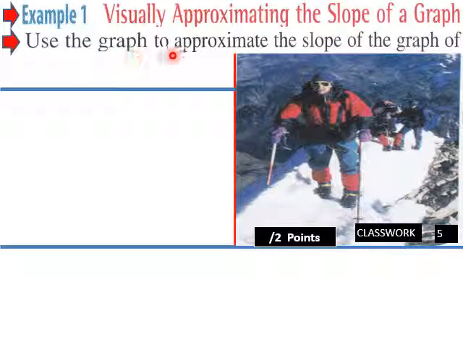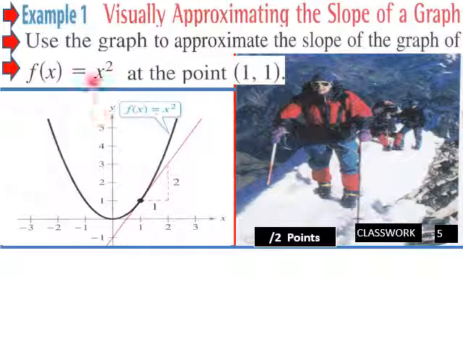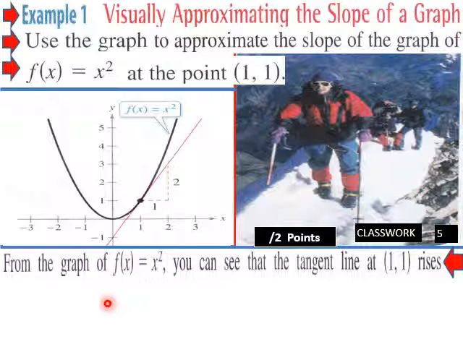Use the graph to approximate the slope of the graph of f of x equals x squared at the point 1, 1. So at this point here, we can draw out this line and then draw up that line after we draw this tangent line here. And good old rise over run should tell us what we have.